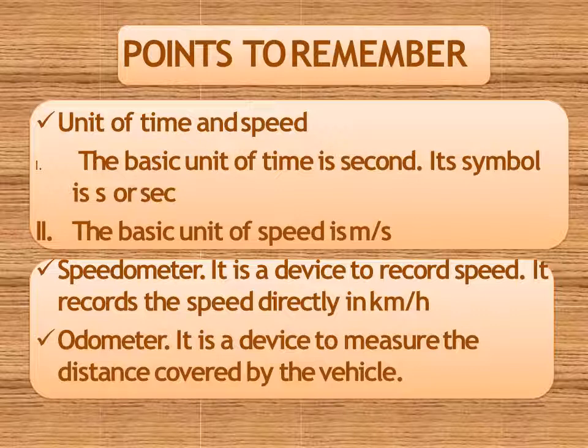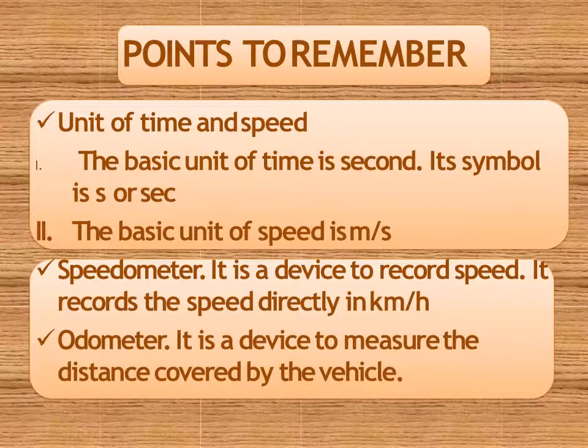For example, if I have to go from Calcutta to Delhi, and I want to record the distance covered till Patna, I will know at what distance Patna will come, that is, the distance between Calcutta and Patna. That we can know by the odometer.